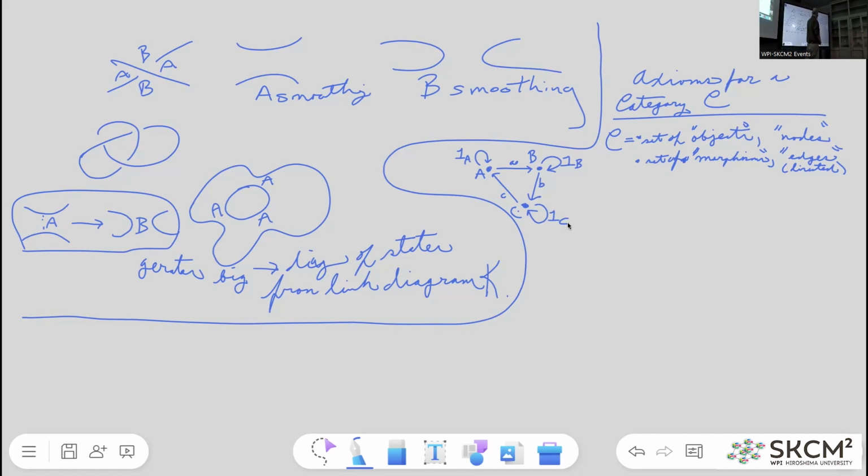Oh, I didn't say that each morphism has a head and a tail in the objects.